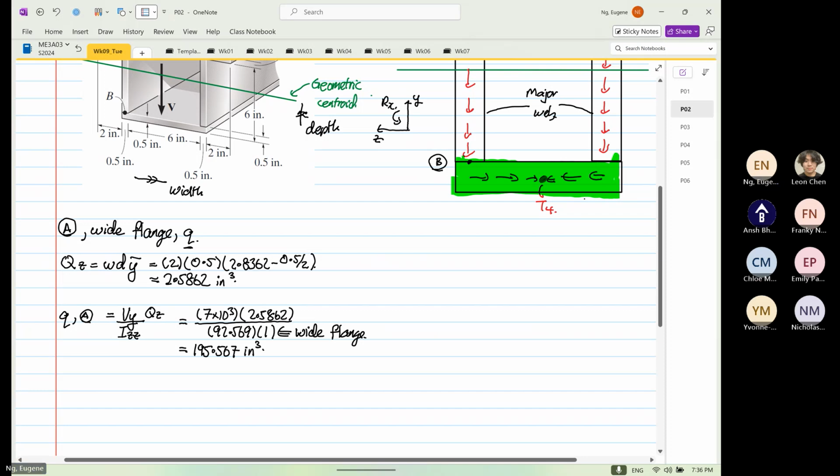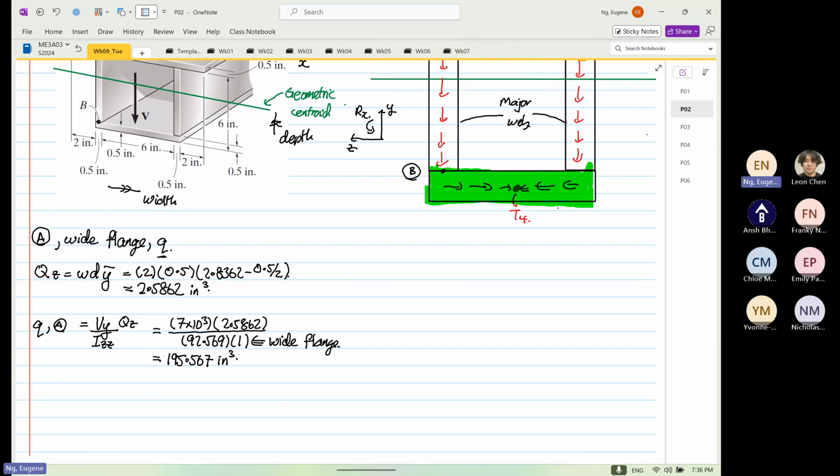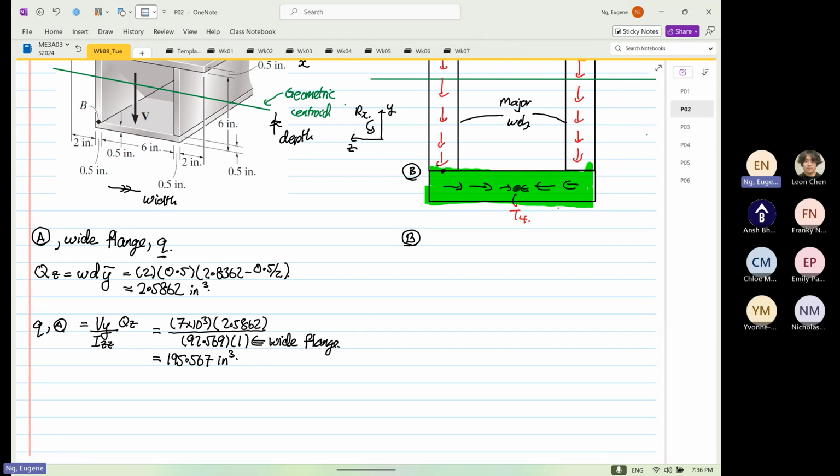Okay. Right. So the next one at point B, so it's straightforward. So at point B, we now know that the shear flow, by looking at the shear flow, right? The shear flow on the left, on the right web will come into the terminal.